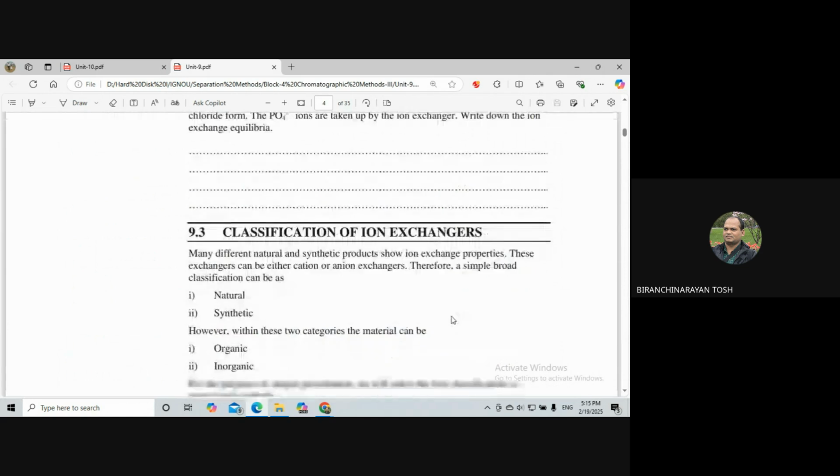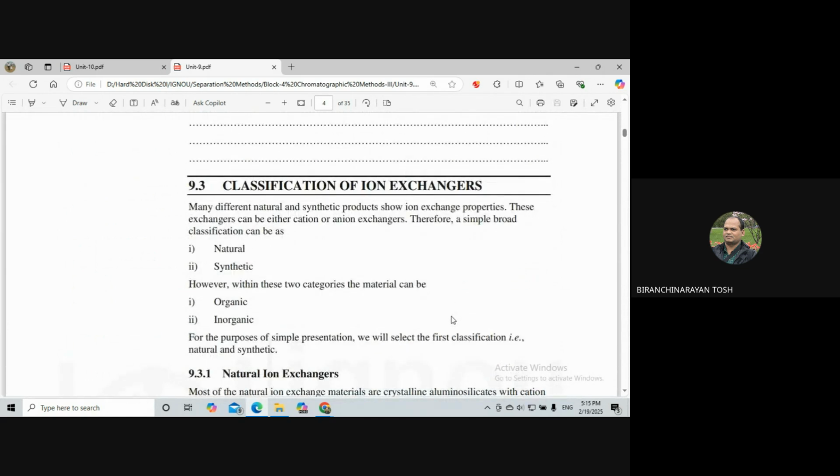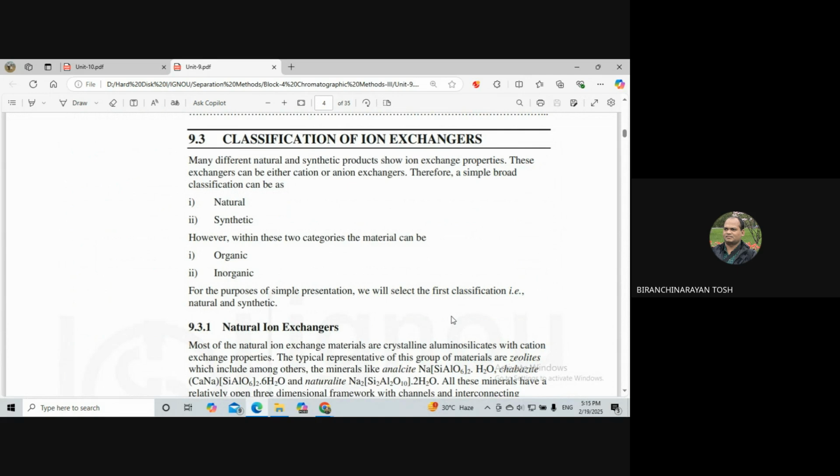Then classification of ion exchangers. Different synthetic and natural products show ion exchange properties. These exchangers can be either cation or anion exchangers.